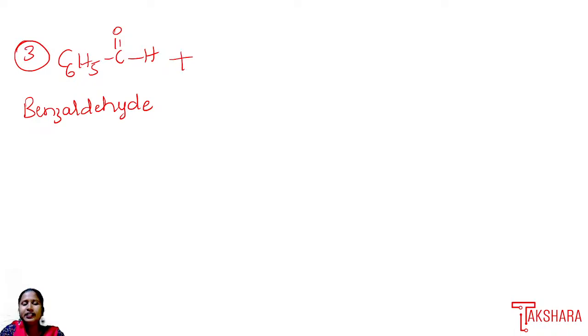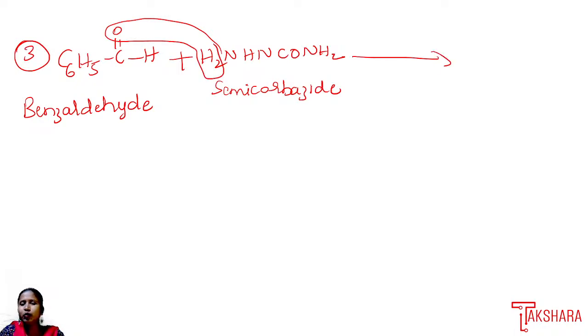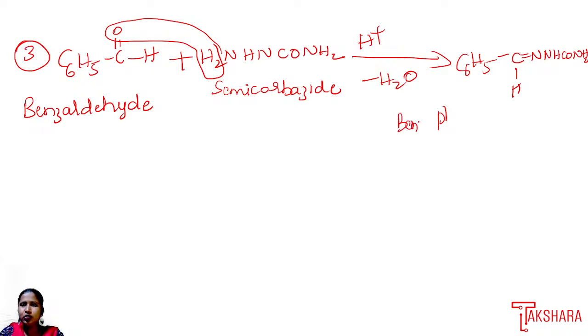When benzaldehyde is treated with semi-carbazide such as NH2 NH CO NH2, so this is semi-carbazide, a water molecule is removed in the presence of an acidic medium, H+. So we will get the product, what? The water molecule is removed and the product obtained is C6H5, then C hydrogen atom, then double bond NH CO NH2, which is called benzaldehyde semi-carbazone.